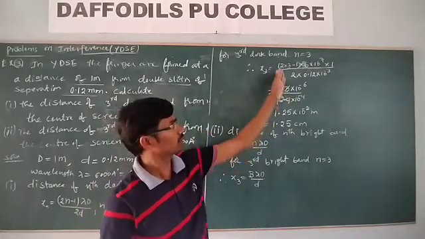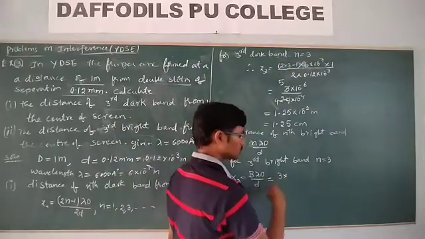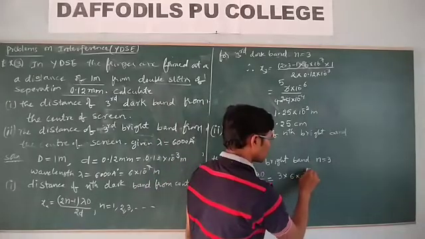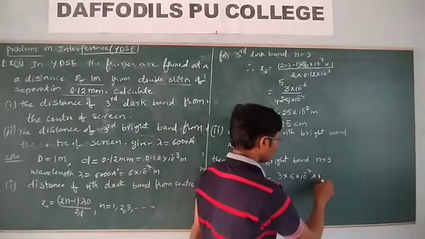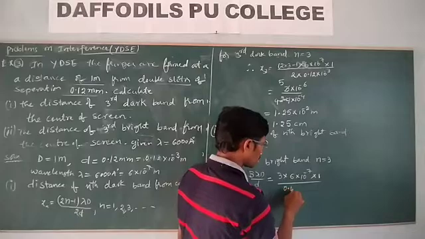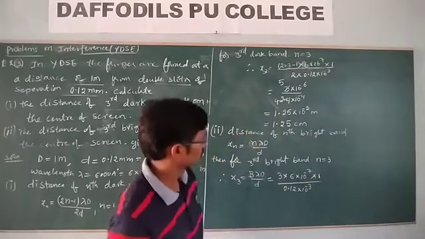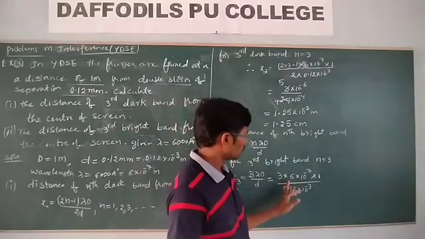That is equal to 3 into lambda, 6 into 10 power minus 7, into capital D, 1, by small d, 0.12 into 10 power minus 3.